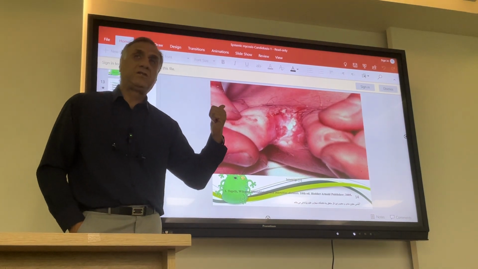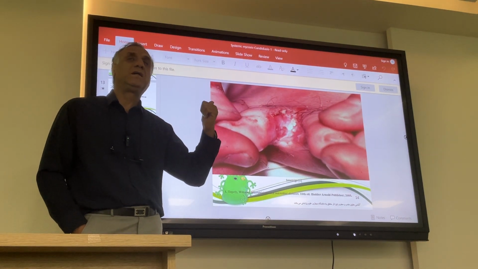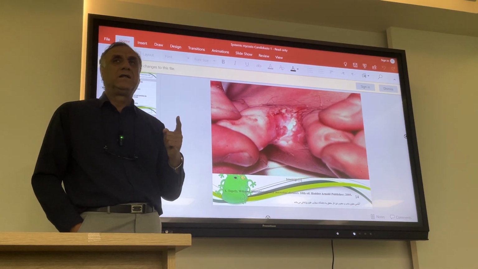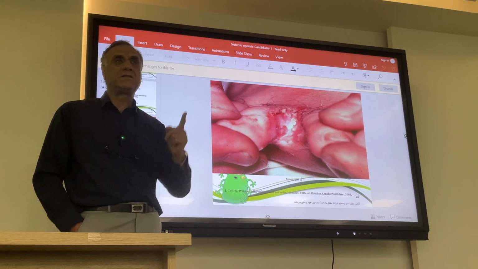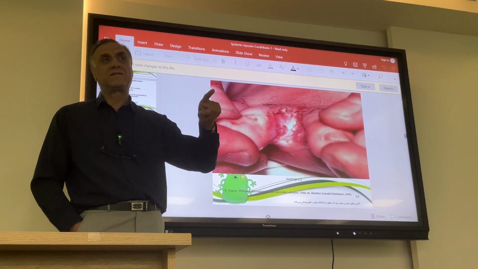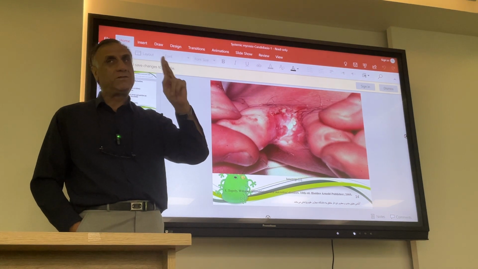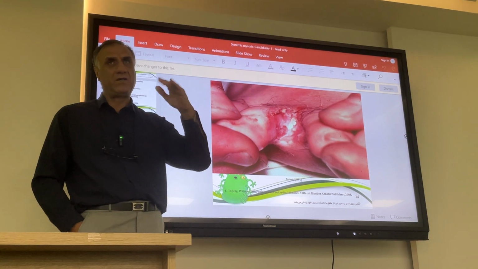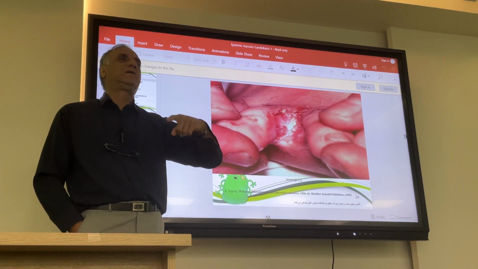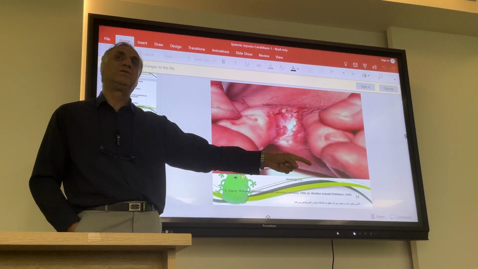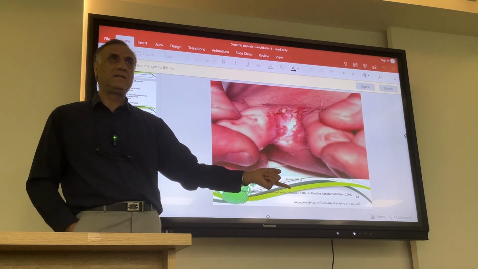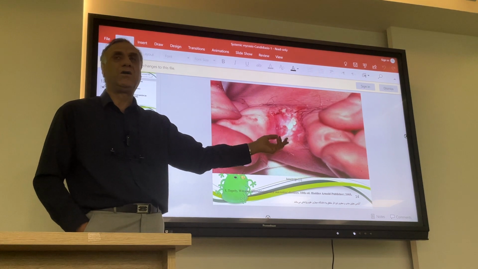In this condition, in intertriginous disease, you must not only pay attention to candidiasis, but also search for dermatophytosis, as I explained before. Dermatophytosis can involve intertriginous skin, and candidiasis can involve this area.